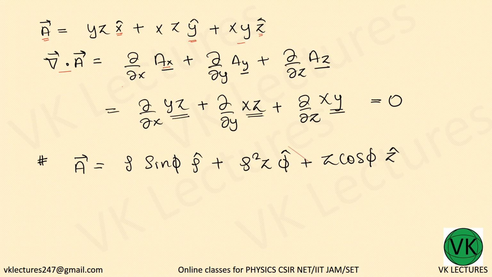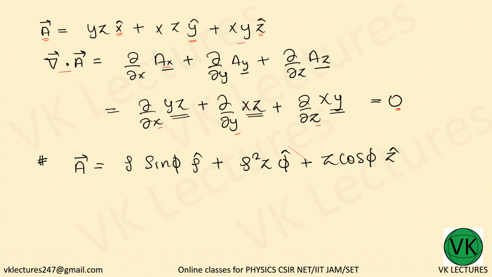Now dou by dou x of yz, dou by dou y of xz, and dou by dou z of xy. So the first term does not contain x, the second term does not contain y, and the third term does not contain z. So the partial derivative gives 0.